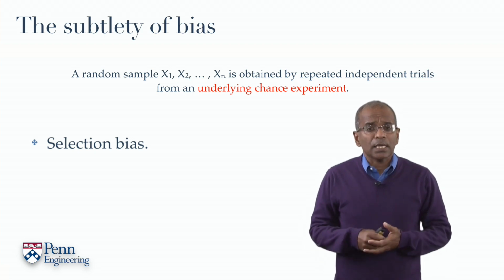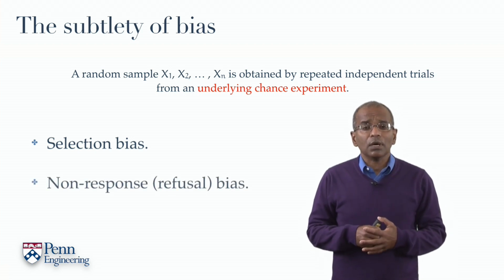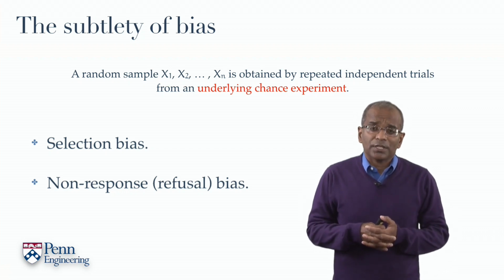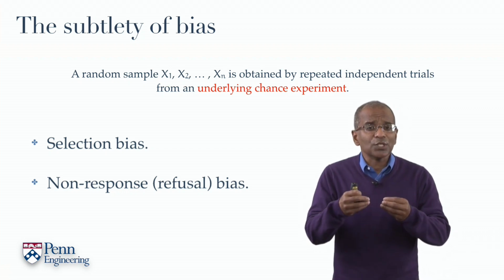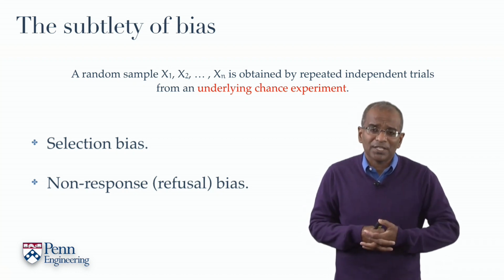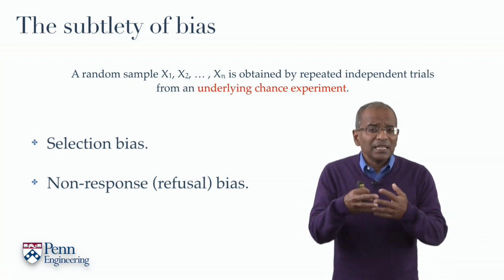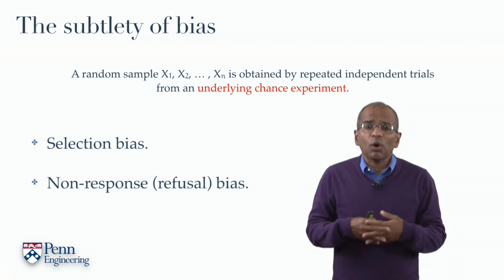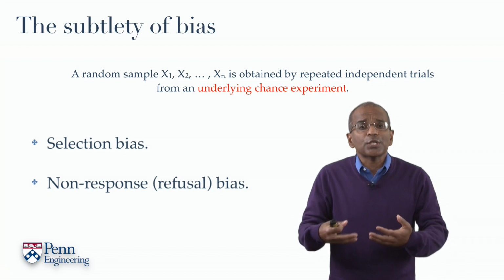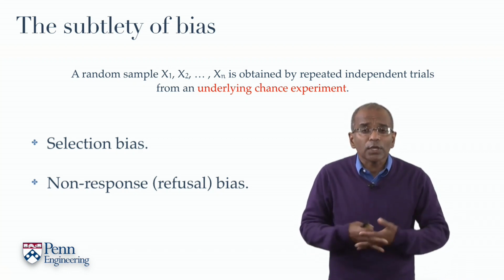A second idea of bias comes about because folks are impatient. This is the issue of non-response, or what is also called refusal bias. The listener today is well aware of the common practice of calls coming in to solicit opinions, to sell products.